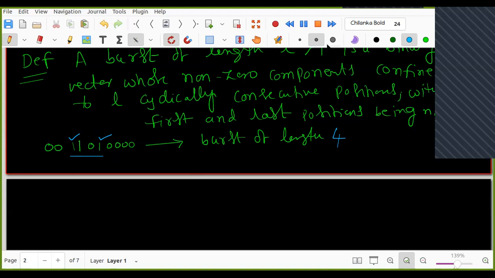Wonderful. One more example so that it will be clear to you. But be careful, there is a cyclic shift also.